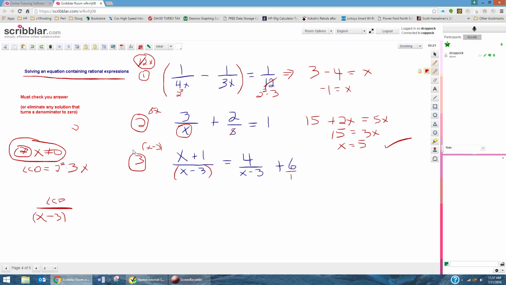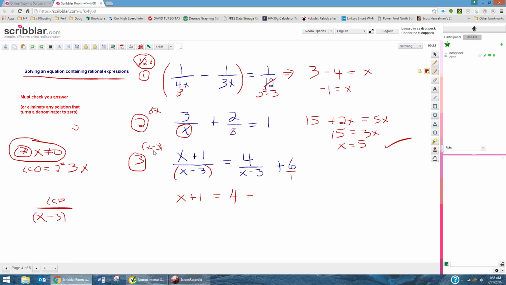So when I multiply this x minus 3 times this first term, the x minus 3's cancel out, and I just remain with x plus 1. When I take this x minus 3 times this fraction, the x minus 3's cancel out, I get a 4.